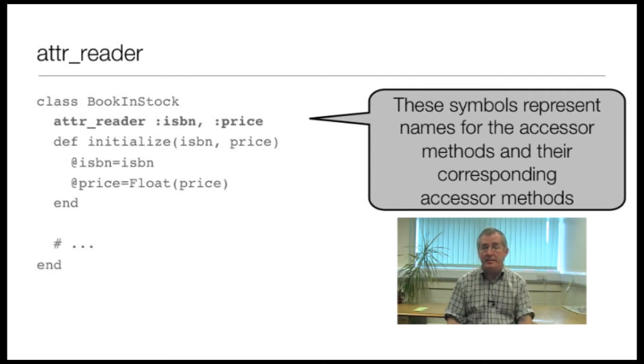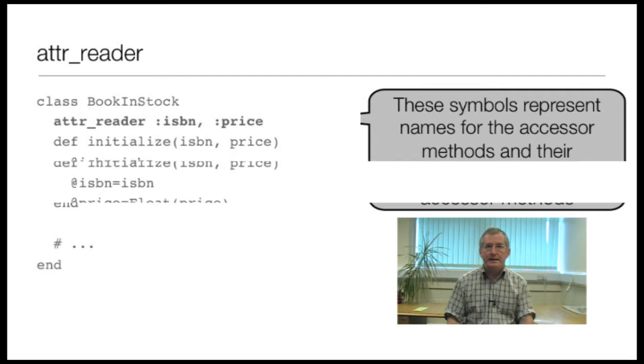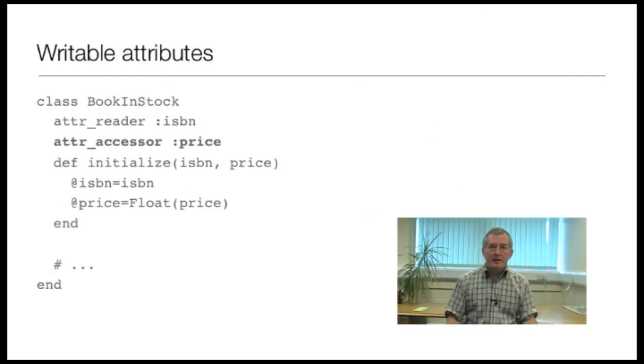It has the same name as price, but there is a little bit of syntax which you'll see in a few moments to show how that's actually used in practice. So we can quite succinctly control the policies on instance variables, whether they're only readable or whether they're both readable and writable.